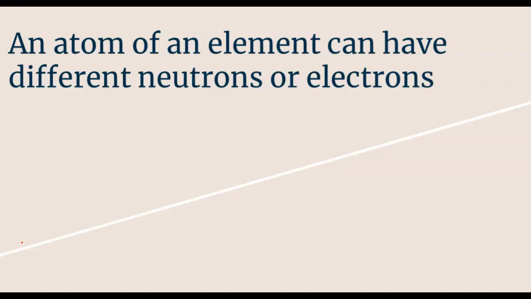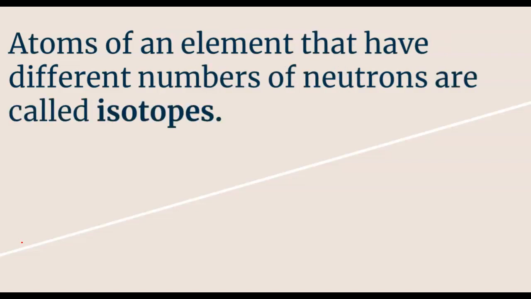And it could still be that same type of atom. Atoms of an element that have different numbers of neutrons are called isotopes. So in the case of the boron, we had 2 different types of boron, one with 5 neutrons, one with 6, and so for that reason, boron has isotopes.